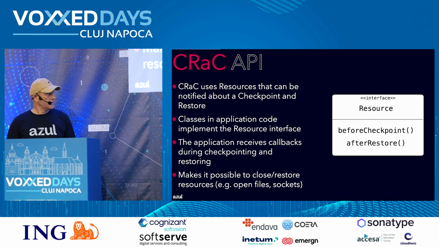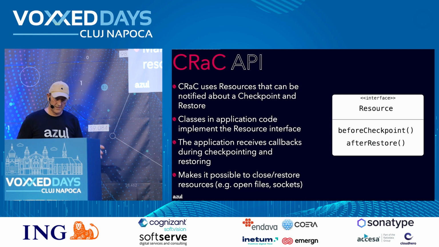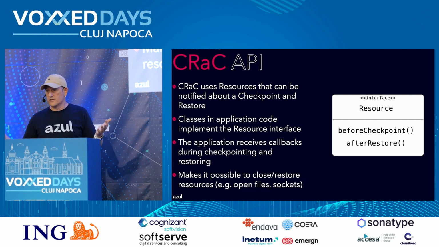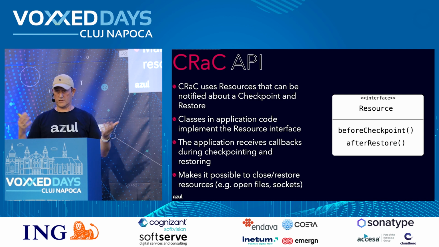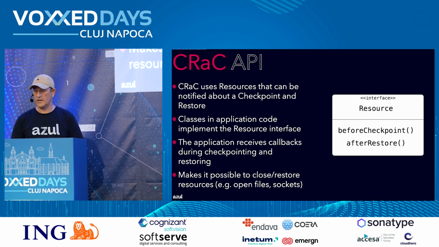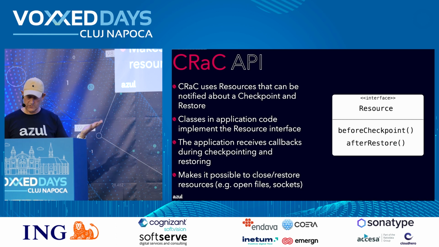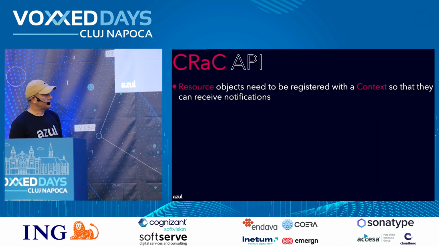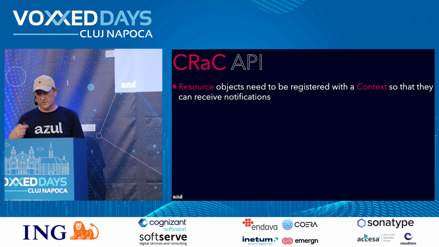And to make that work, we not only have to implement the interface, we also have to register it somewhere in the JVM, because the JVM needs to know: okay, you have this interface, but I didn't know about it. So you have to let me know that it is there, register it somewhere. And for that, we have a so-called context, right? That context makes sure that you can register these resources in it.